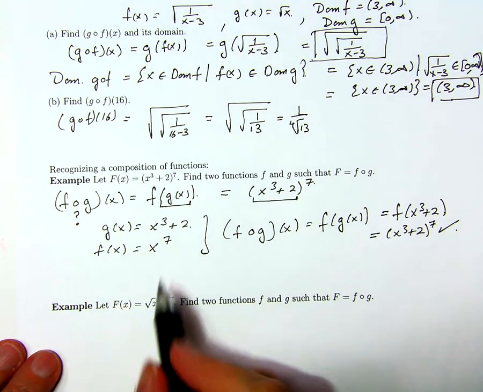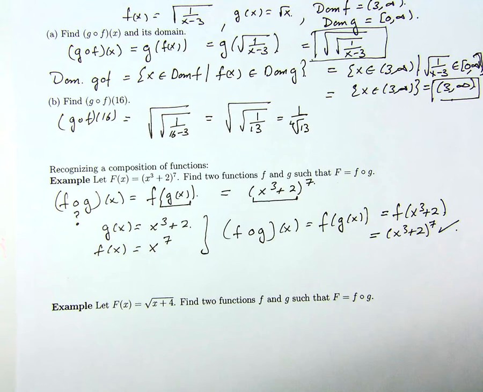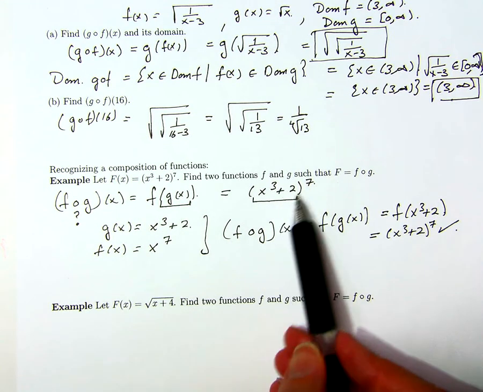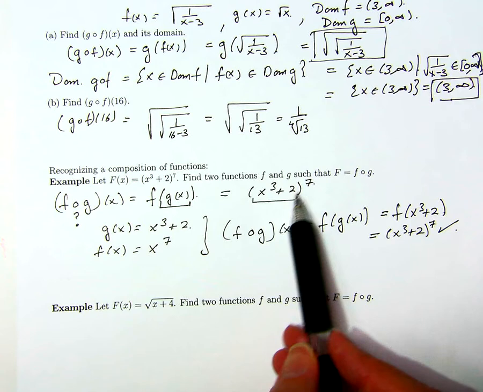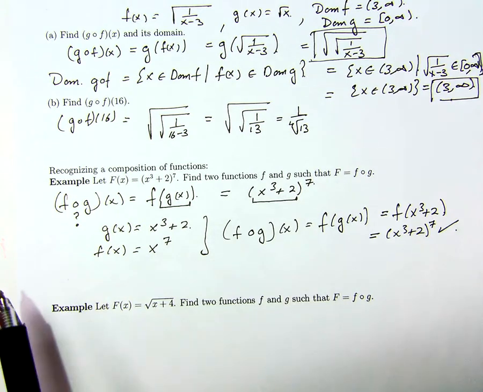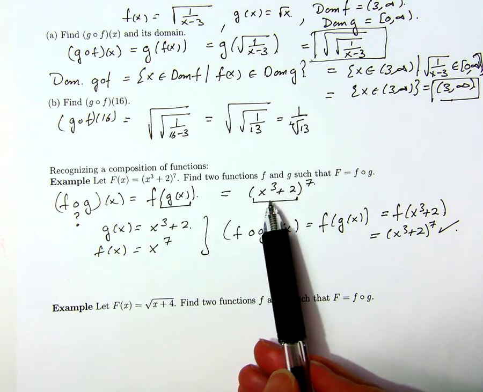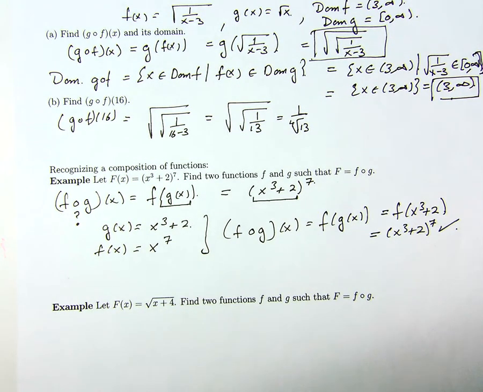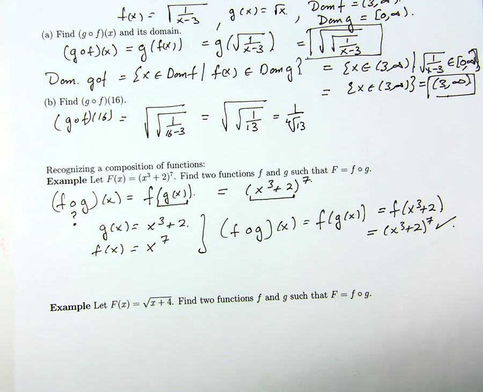Now the domains of both of these are everything from minus infinity to infinity, and also the domain of f after g is the same thing, which is also the domain of this. There are no restrictions on calculating this. So I've expressed this function as f after g, a composition of functions.